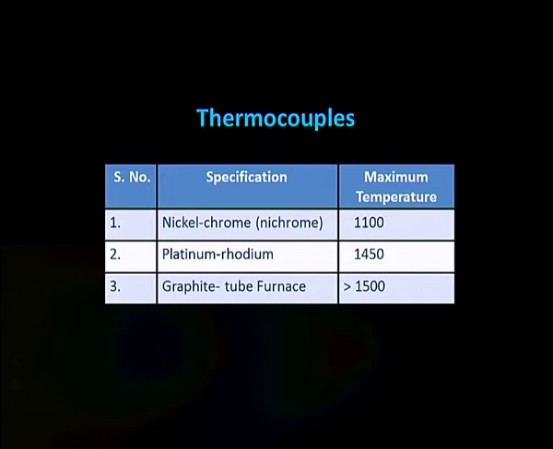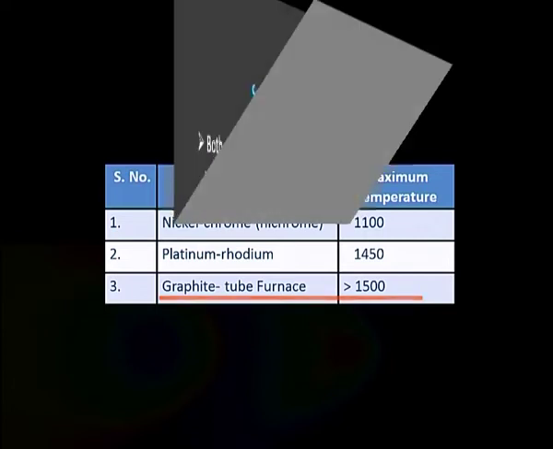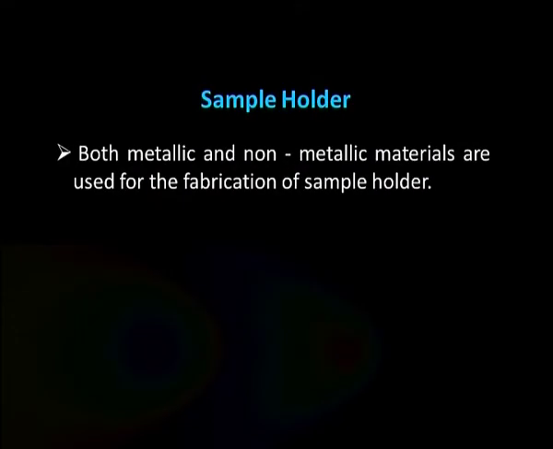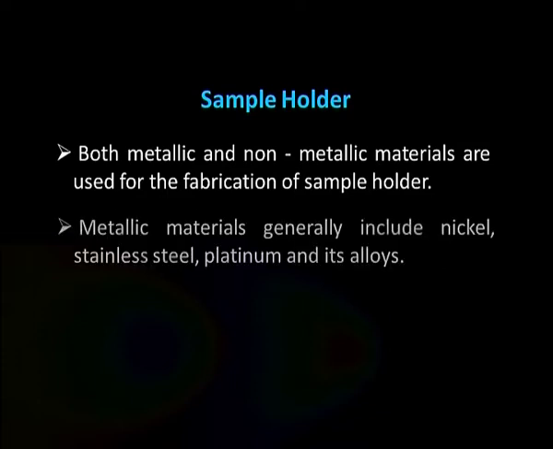For still higher temperature, we can use graphite tube furnace, which permits temperature greater than 1500 degrees Celsius. Then the sample holder. Both metallic and non-metallic materials are used for the fabrication of sample holder.